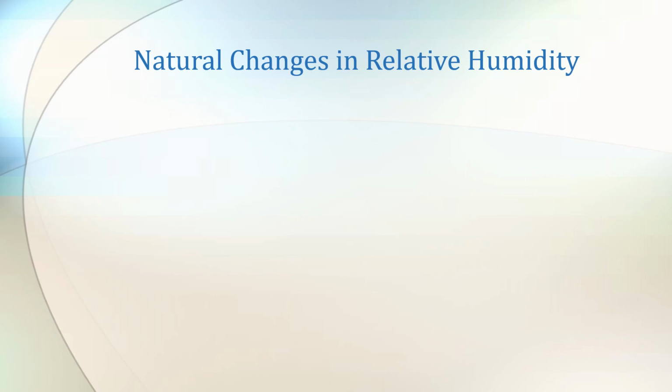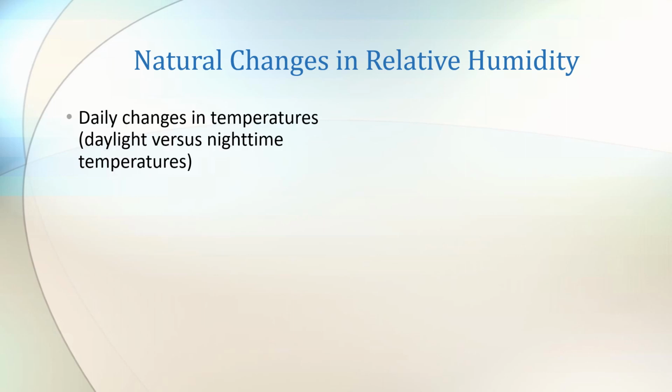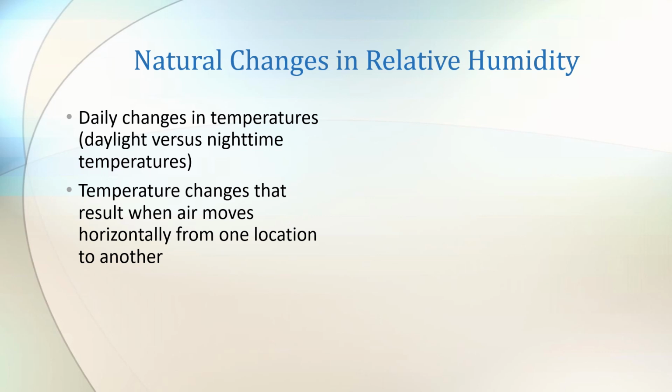So, this air temperature change over a relatively short time includes, for example, the daily changes in temperature due to the daylight or the nighttime, and also the temperature changes that result when air moves horizontally from one location to another. So there is a cooling or the increasing of temperature depending on the horizontal movement of the air.